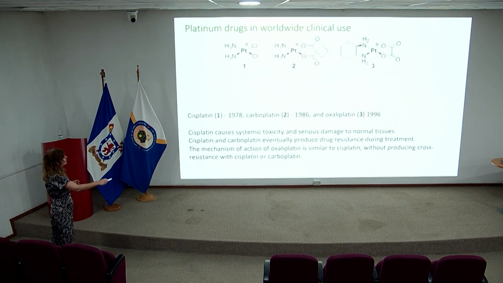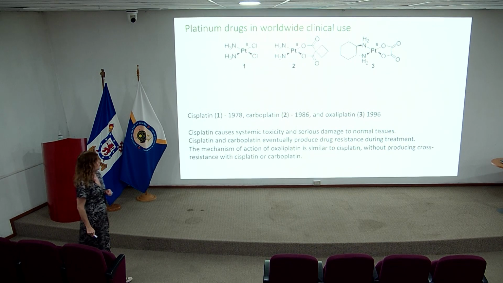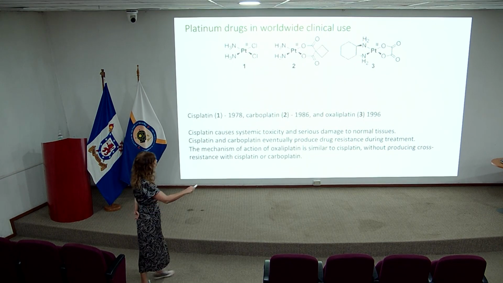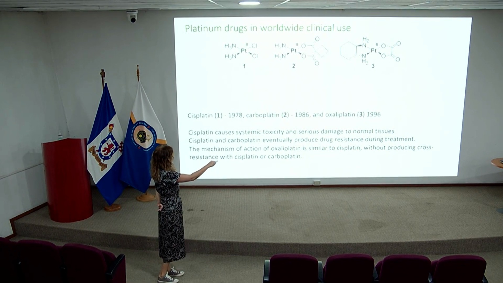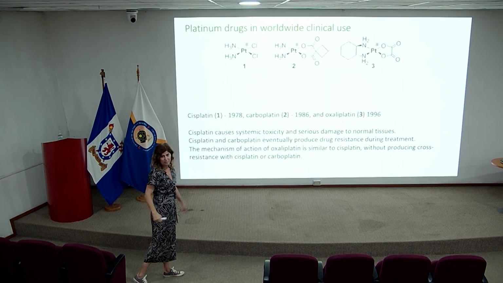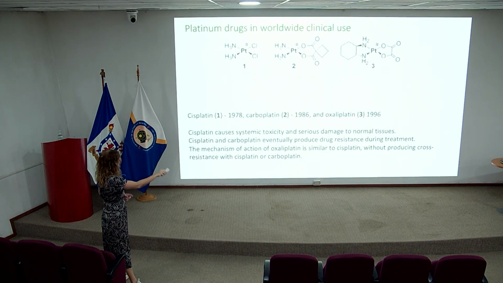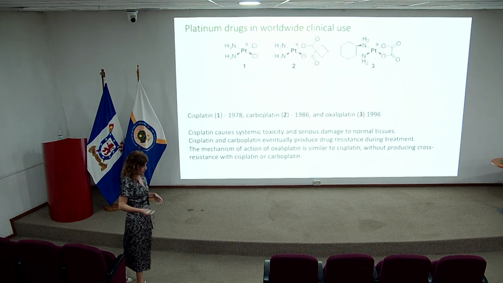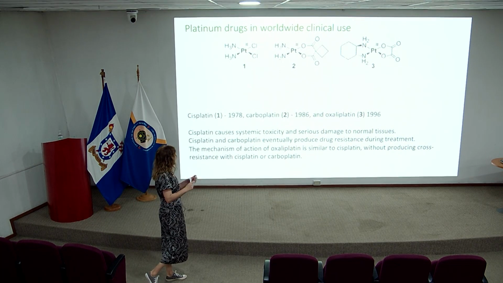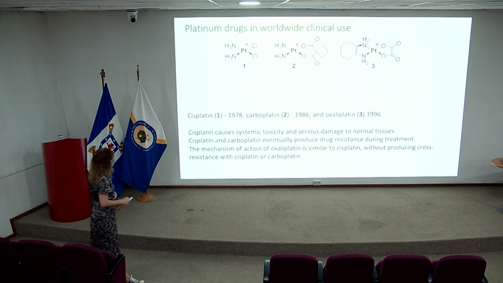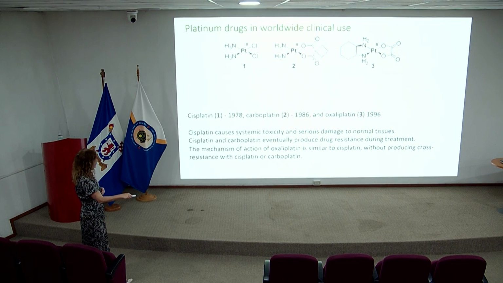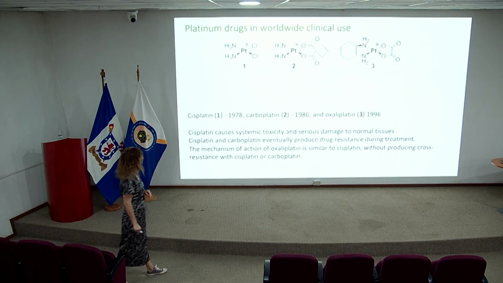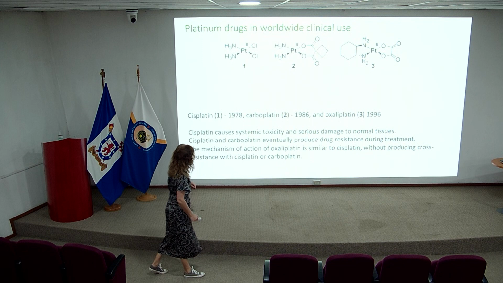And then 10 years after, oxaliplatin was produced. So now they changed the amine, so we have a chelate on both sides of the molecule. The mechanism of action of the 3 compounds is very similar. They all target DNA, bind DNA, but this one produces less resistance, okay, than cisplatin and carboplatin.